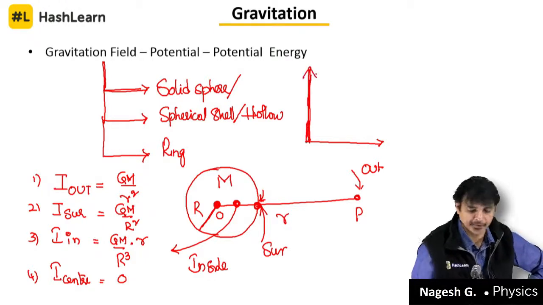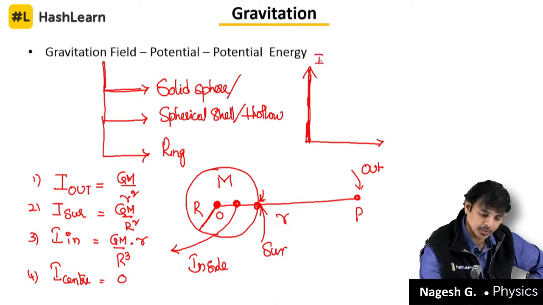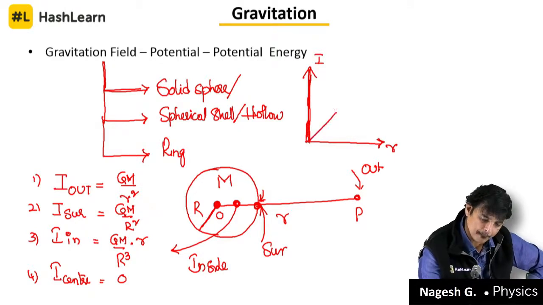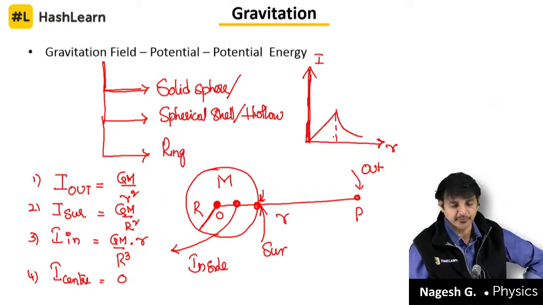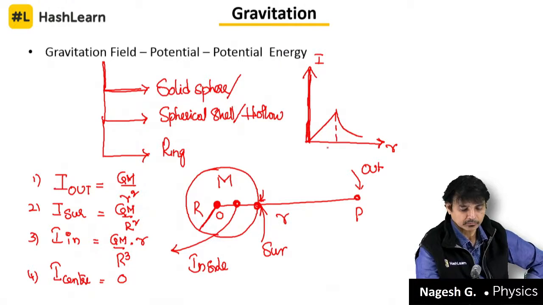And we can plot a graph taking I on the y axis and small r on the x axis. This is the shape of the graph. This graph resembles the variation of small g with respect to r.